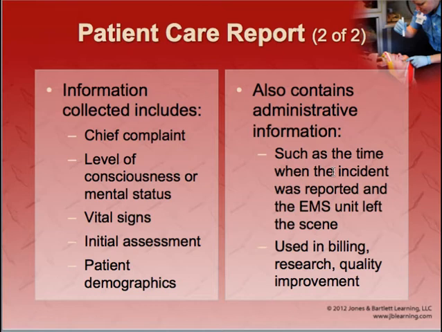So the information collected includes your chief complaint, level of consciousness or mental status, vital signs, your initial assessment, and patient demographics, as well as the treatments that you provide and how they responded to those treatments, and what you did when you arrived at the hospital to turn them over as well, and where you left them and who you gave report to.